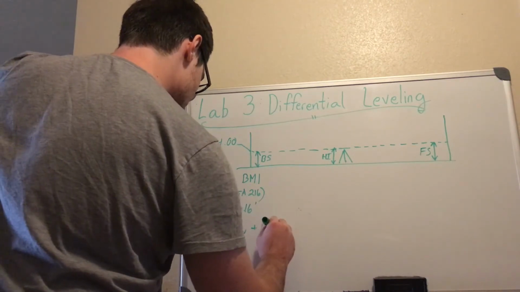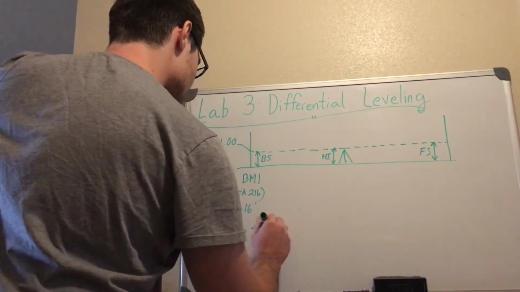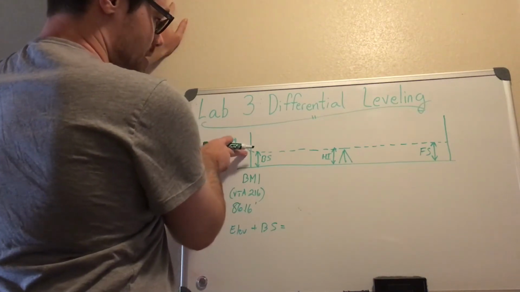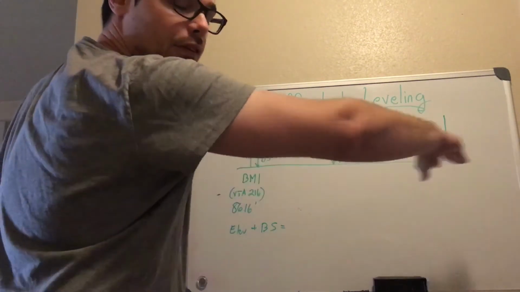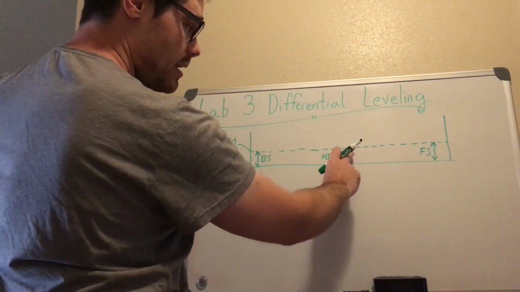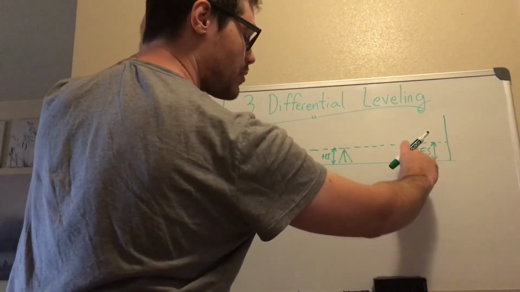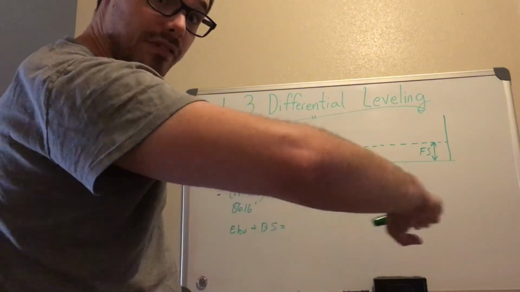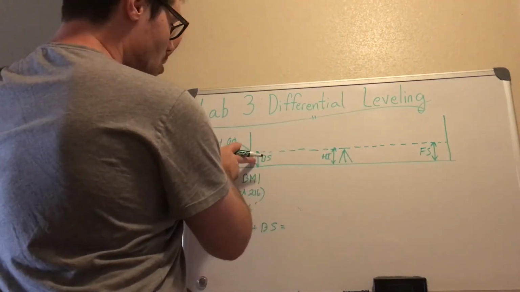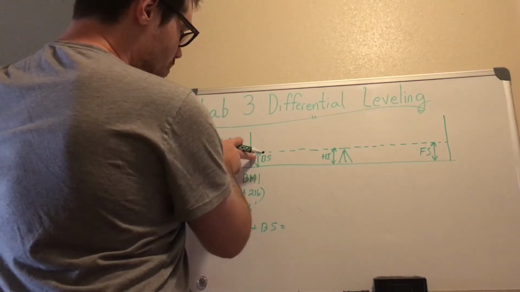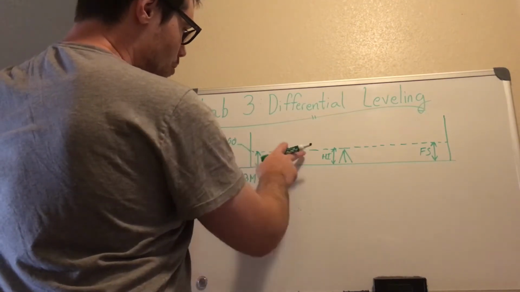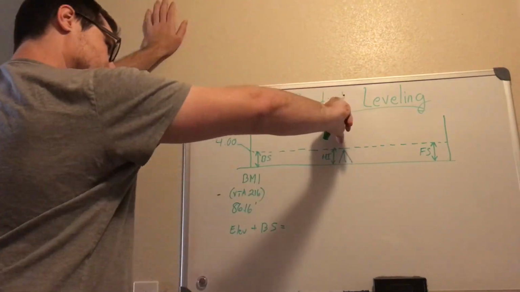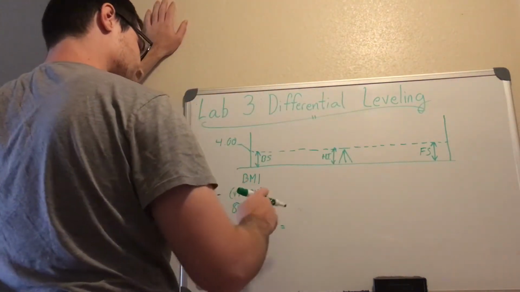then we know that if we take our elevation plus the backsight, we're going to get to this dashed line. This dashed line is perfectly horizontal because this is what we're seeing when we look through the auto level, and if we've done our stuff right, this auto level is flat. So adding the elevation here plus this BS will get us this dotted line, which, as we've noted, here in the middle is HI.